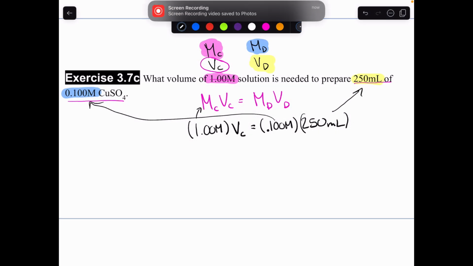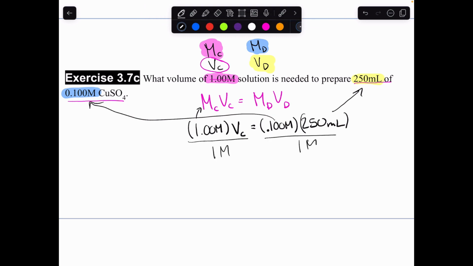To solve this, we would divide both sides by 1 molarity to get the V on its own. So the volume of the concentrated would end up being 0.1 times 250 divided by 1, which gives us 25 milliliters.